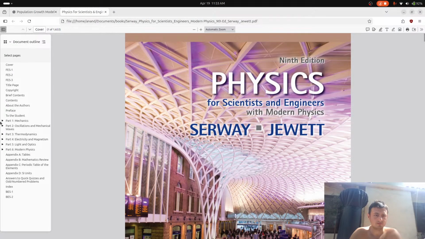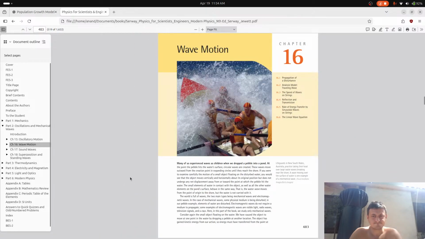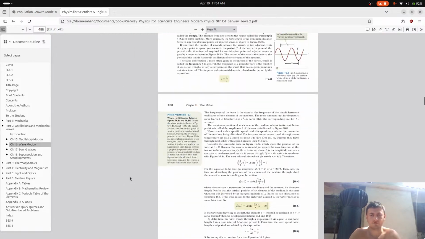Waves. I have to do some engineering today too. I don't remember how far I got here.